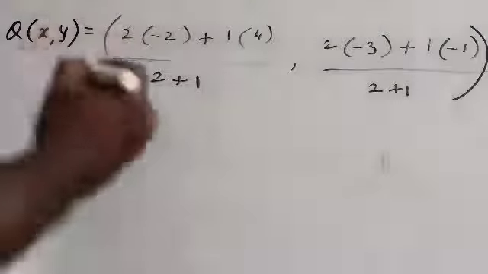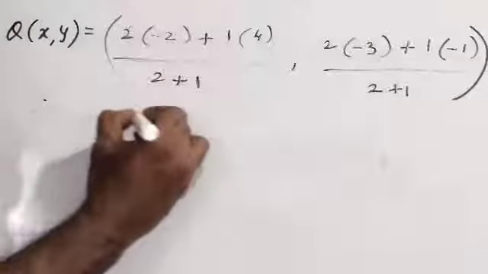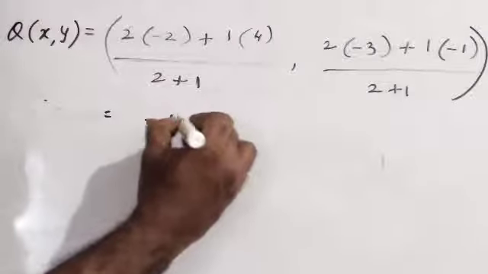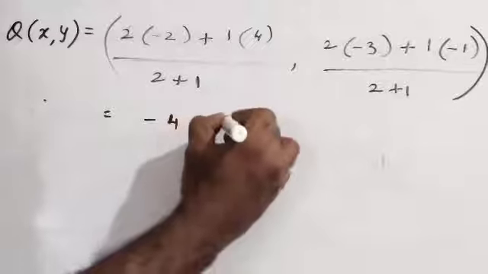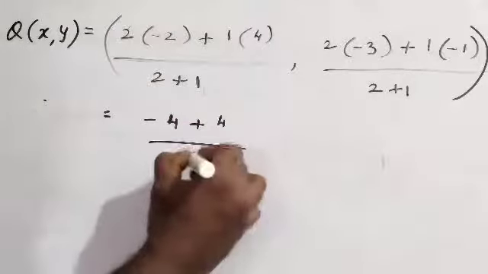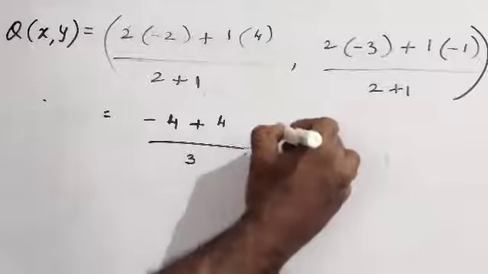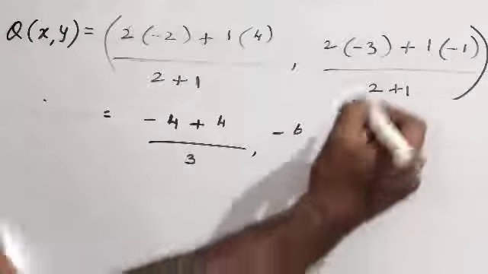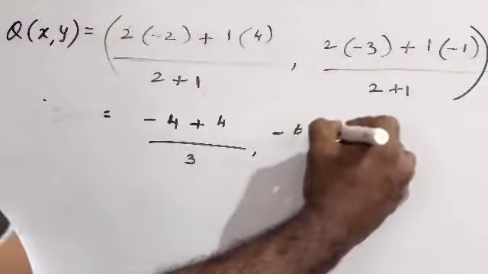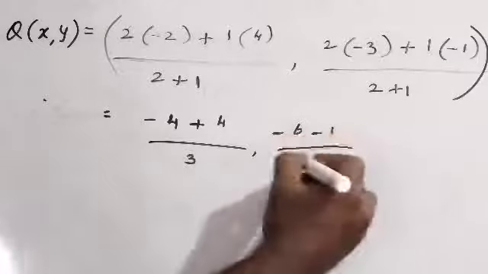Now 2 into minus 2, minus 4, plus 1 into 4, 4, by 2 plus 1, 3, comma, minus 6, 1 into minus 1, minus 1, by 3.